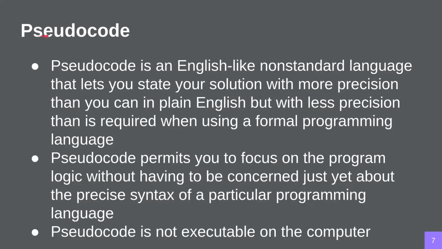So pseudocode is an English-like non-standard language that helps you state your solution with more precision than you can in plain English, but with less precision than is required writing a formal programming language. So pseudocode permits you to focus on program logic without having to be concerned about precise syntax. And obviously the computer can't execute pseudocode, but it's a good way of starting to lay out a program.